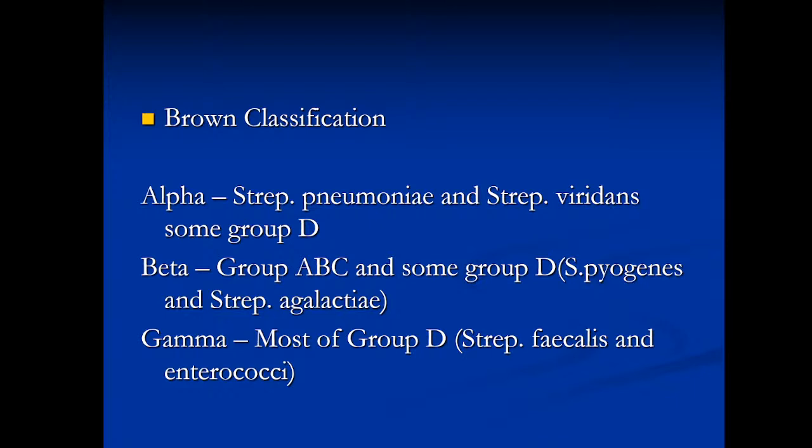Okay, so this is actually a misnomer, but because of the 24-hour routine standard, the scientists classify them as beta hemolytic strep. But in actuality, Streptococcus agalactiae needs to be differentiated from Streptococcus pneumoniae because they're both alpha hemolytic organisms. And this is the reason why the Brown classification of Streptococcus is rendered obsolete.